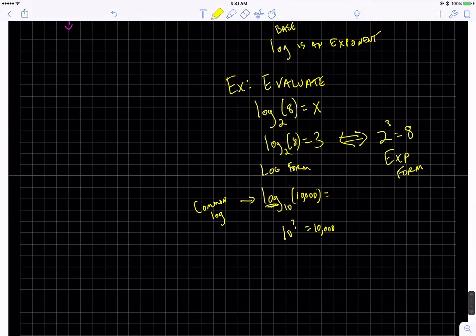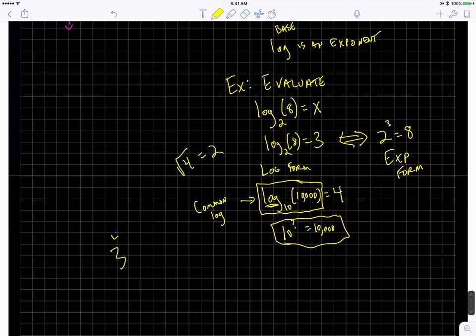You can see that's another way you can look at writing it in exponential form. There are 4 zeros there, so that's going to be equal to 4. So this expression, log base 10 of 10,000, is a number, just like these expressions are numbers. It's equal to 4. It's answering the question, what is the exponent of the base 10 that equals 10,000?